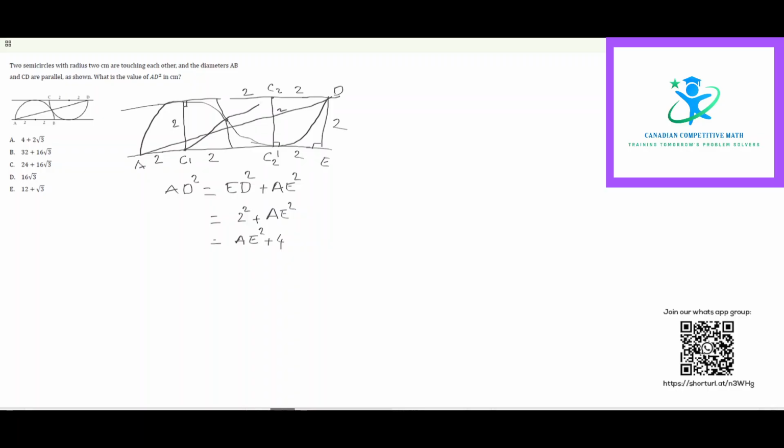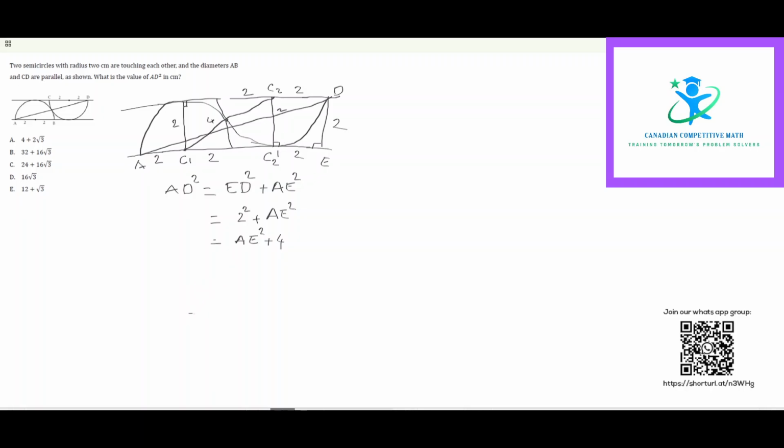If we draw a line connecting both the centers, it has to pass through this. And since this point is on this circle, this point is on this circle, the line connecting both of them will be 4 units. And we already know that this is 2 units.